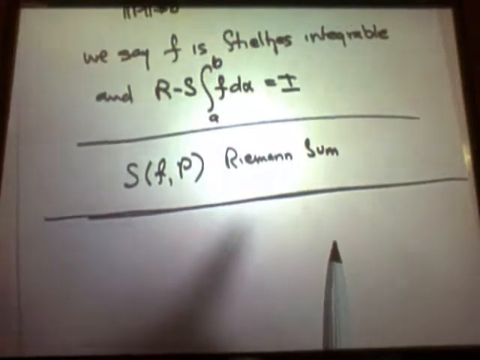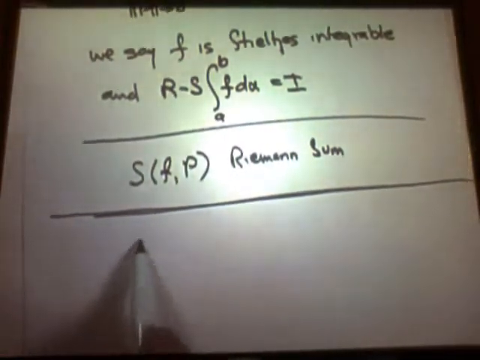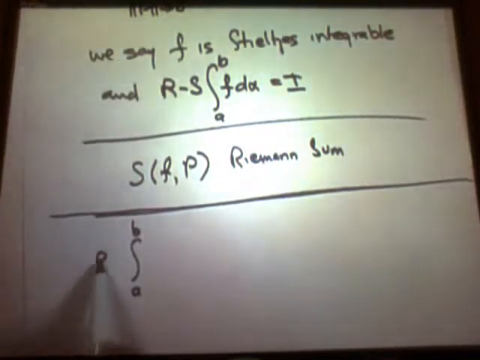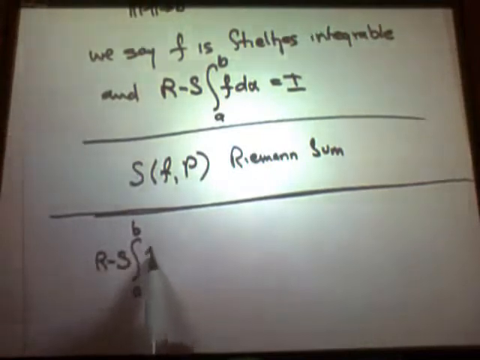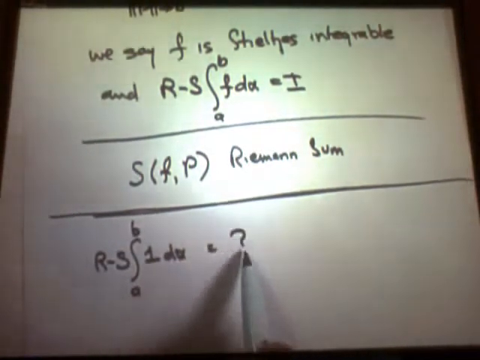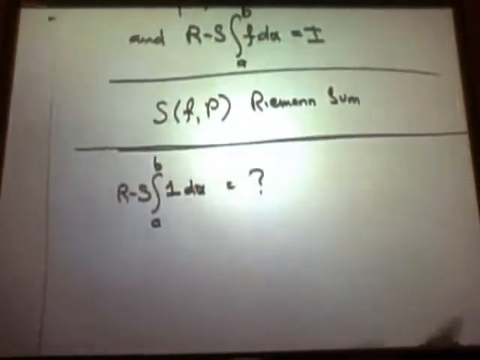Let's see if we can integrate from a to b, in the Riemann-Stieltjes sense, 1 d alpha. What's that? The constant 1 function integrated with respect to an arbitrary weighting function.